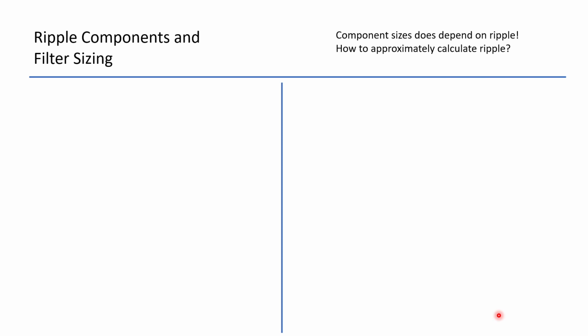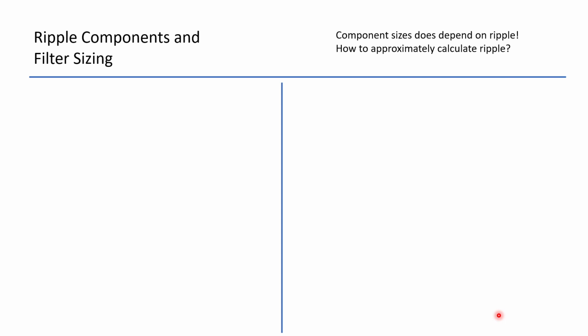you try to choose the smallest storage element possible, because you want to save space and you want your design to look nice, right? So we need to live with ripple. I mean, we allow some fluctuation, in the range where your system can still operate. That fluctuation is called ripple.